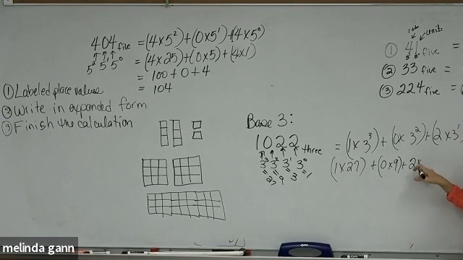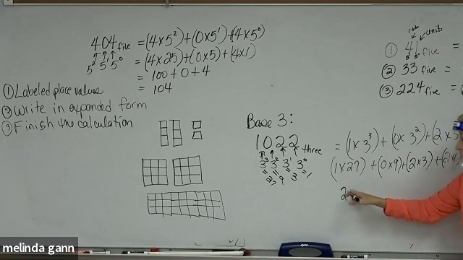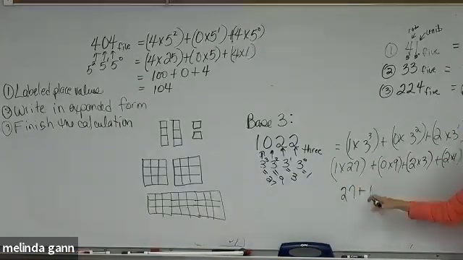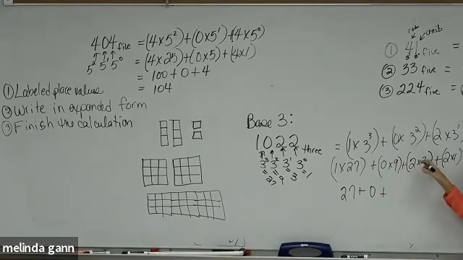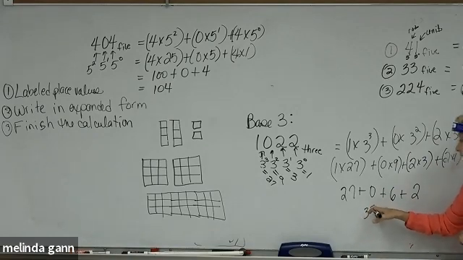I have 2 3s, and then I have 2 1s. So if I have 127, that's just 27. I don't have any 9s, so that doesn't add anything to it. If I have 2 3s, how many is that? 6. And if I have 2 1s, that's another what? 2. So what base 10 number would that be? 35.